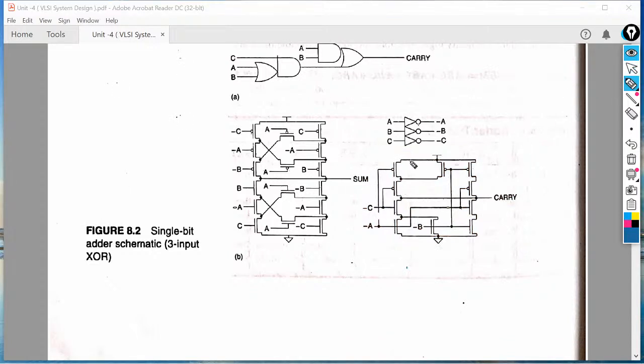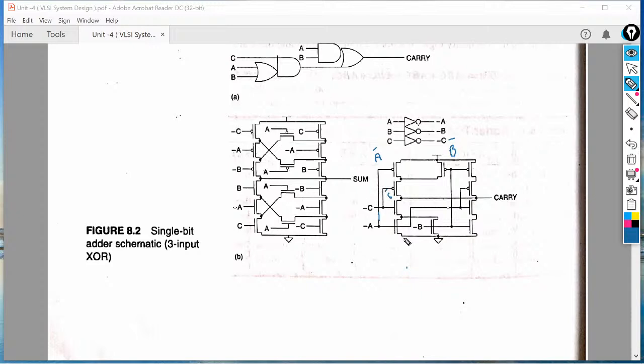Now what is the operation? If I trace this CMOS circuitry, a bar is connected into this one. So from here we will get the a bar, and from here we will get the b bar. C bar is provided into this one.